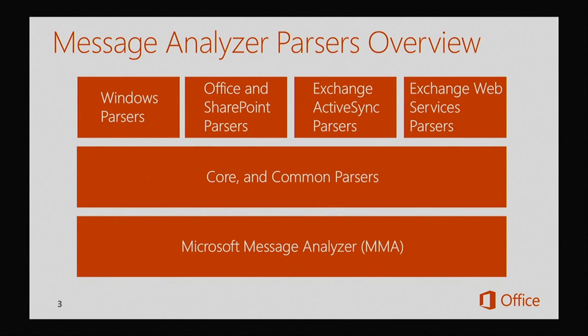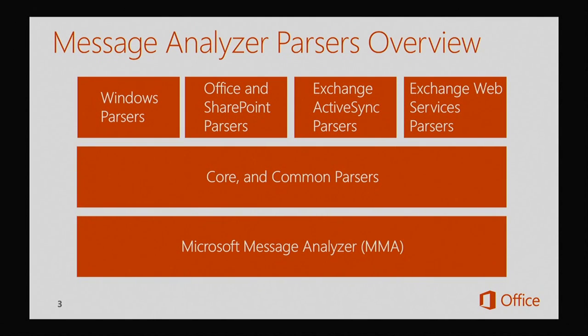Message Analyzer installs a group of core and common parsers by default, for protocols everybody uses, like TCP and HTTP. On top of that, we have the Windows parsers developed, for things like remote desktop protocols and file sharing protocols.